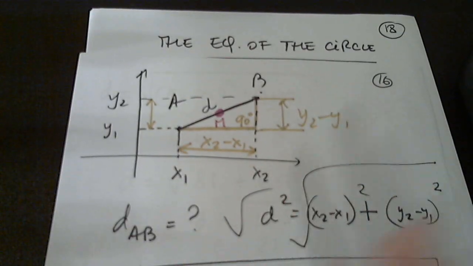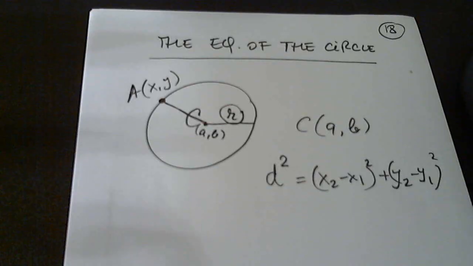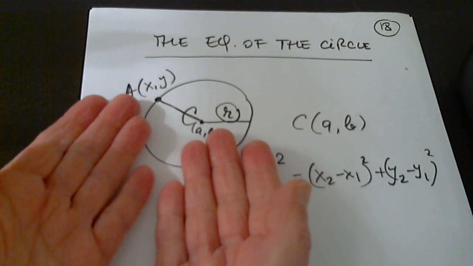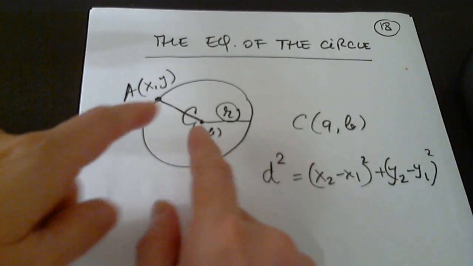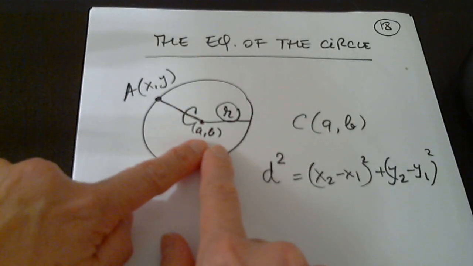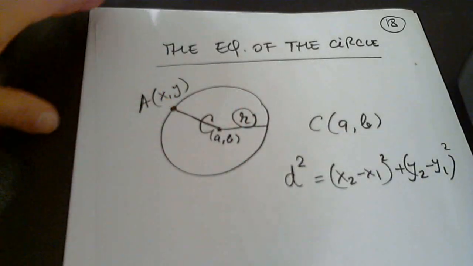There is no need for the square root for now. D squared equals the sum of these two. Well, all I have to do to this equation is plug in this. So this is my x1, y1, and this is my x2, y2. Just plug them in, and I will get the equation of the circle.